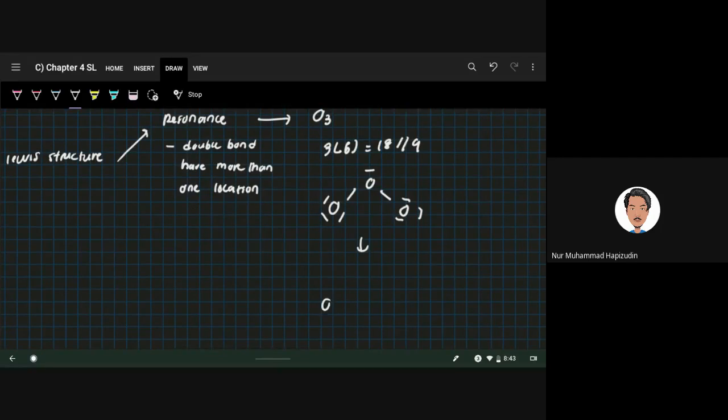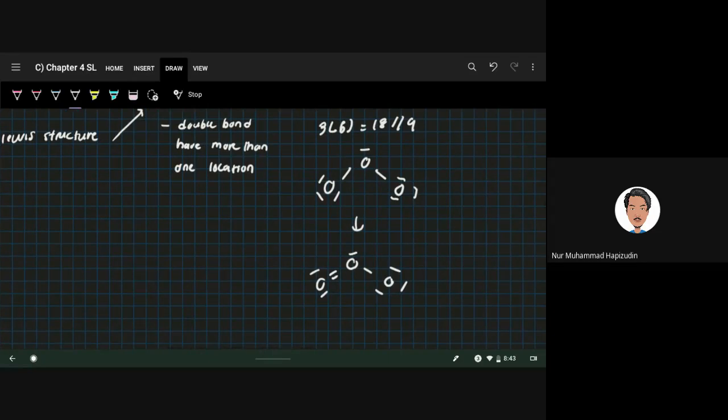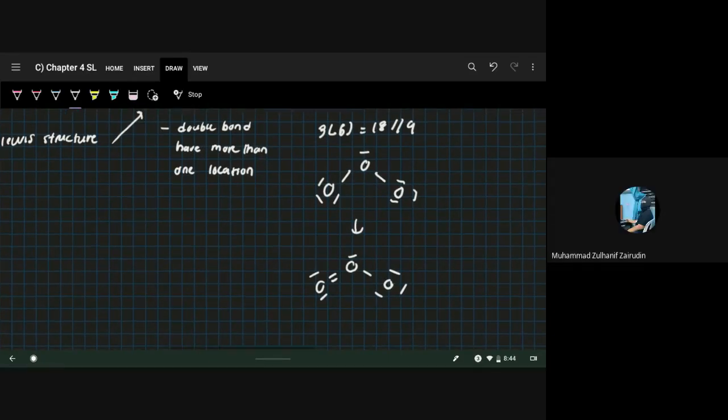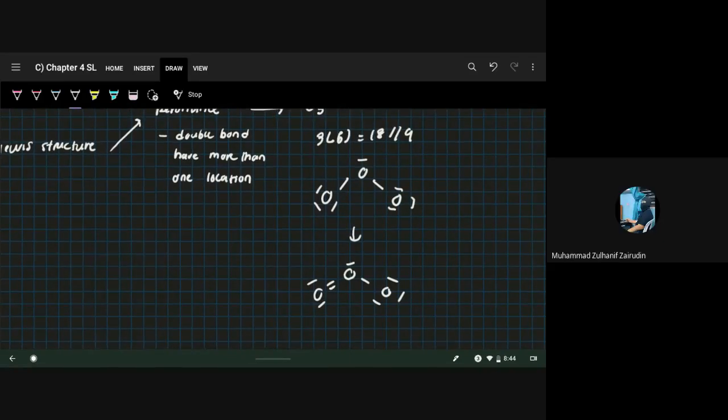O double bond O. Okay, kenapa tahu tak? Kenapa tiba-tiba saya buat structure dia macam ni? Sebab dia nak octetkan yang central. Yes, we have to make sure that central atom also become octet, right?